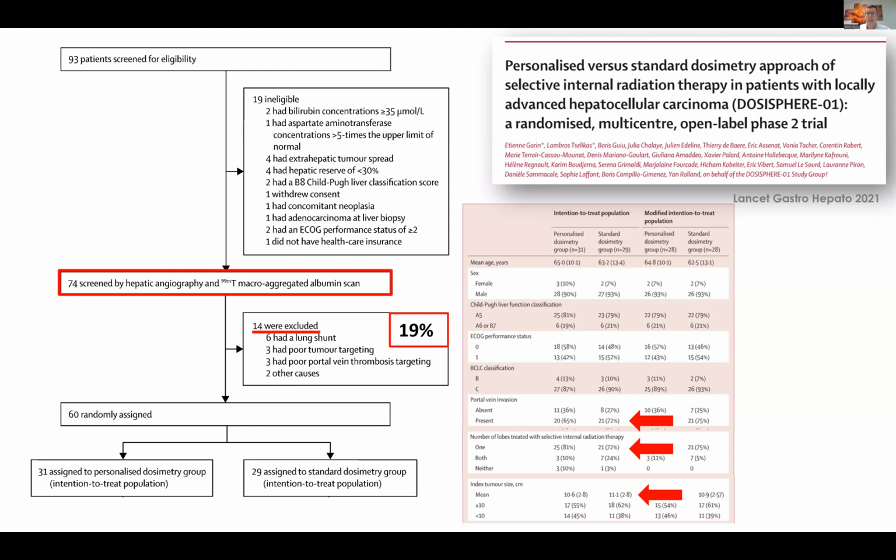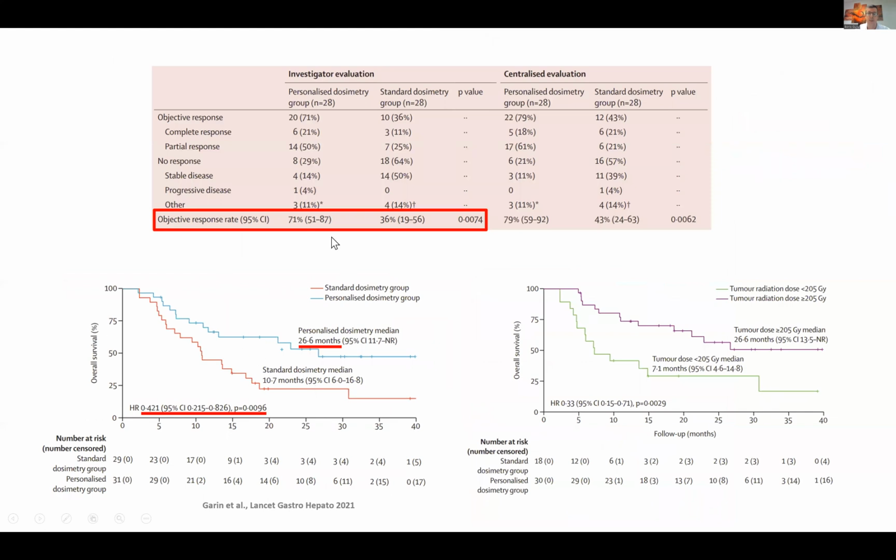As you can see, inclusion criteria showed very poor prognosis tumors with frequent portal vein invasion, with very large tumors, more than 10 cm in most cases. And despite that, the trial was very positive.